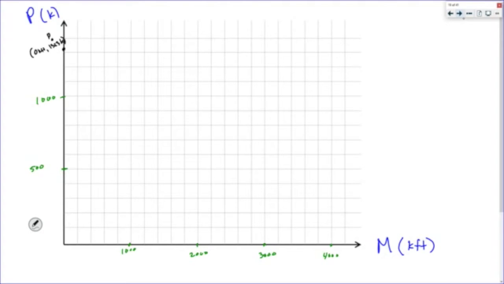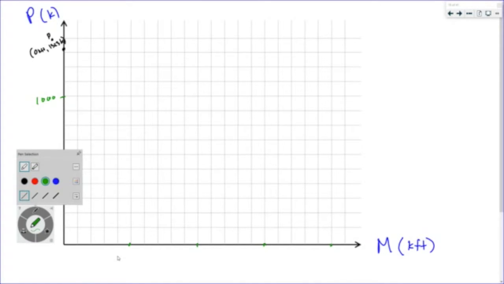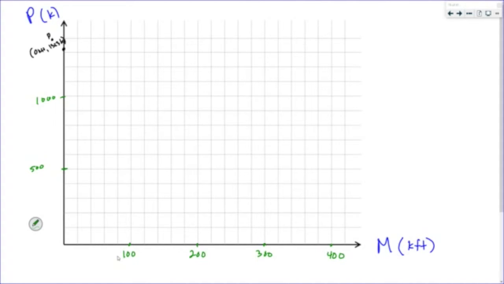Let's see, it's 200. Oh, there. The bottom is not in the thousands, it's in the hundreds. Please forgive me. I can't read my own writing. 100, 200, 300, 400. My little K's looked like zeros.